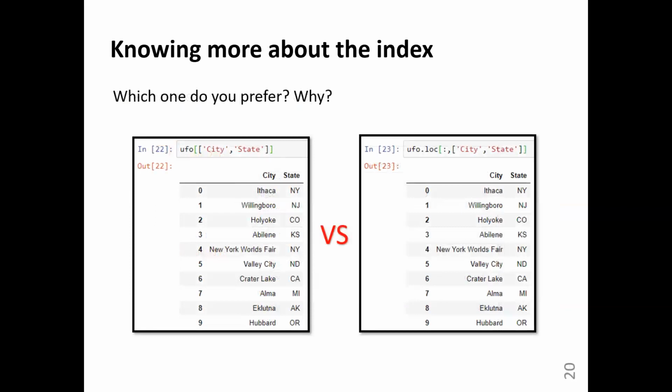By saying that, again, if you have a chance to choose between the other options or city, state, I personally prefer to use the right side. It is more flexible. The left side is not recommended because we just said city, state, but how about colon, comma? Technically it is all the rows, just these two columns.